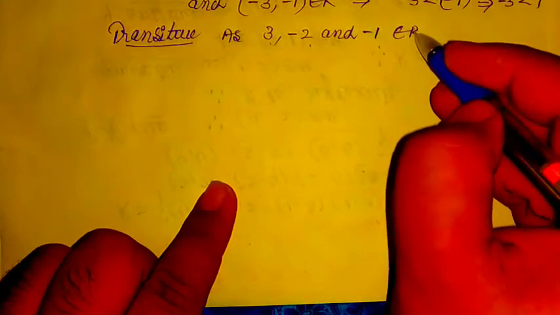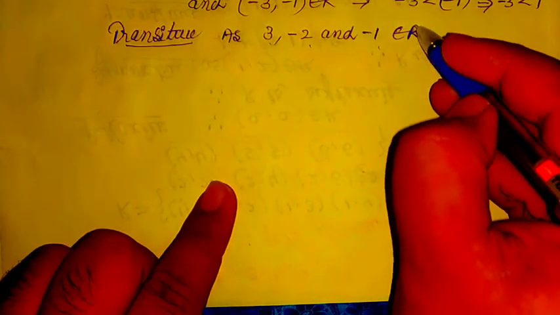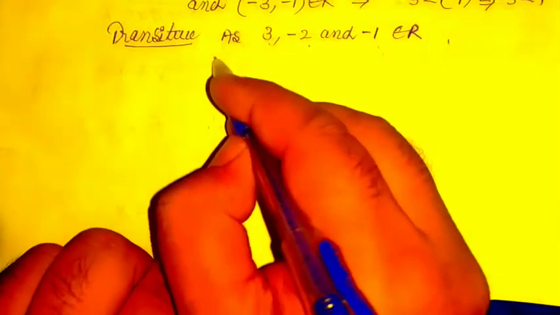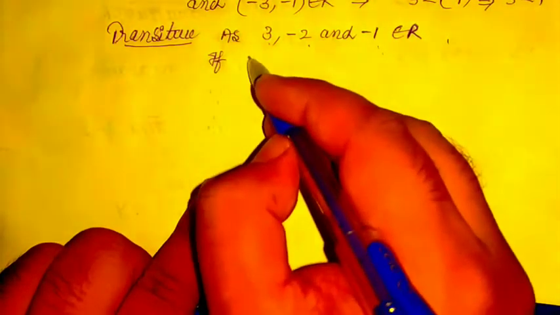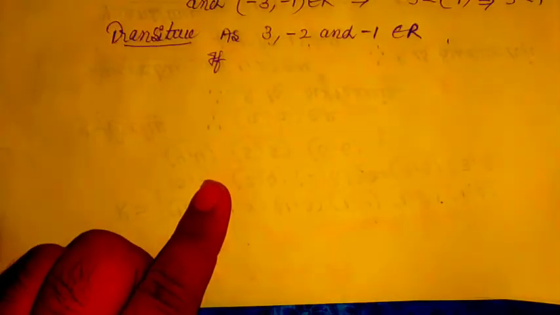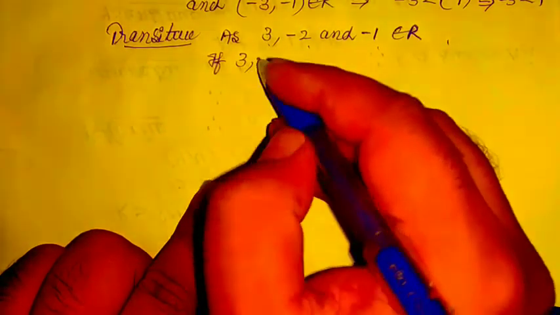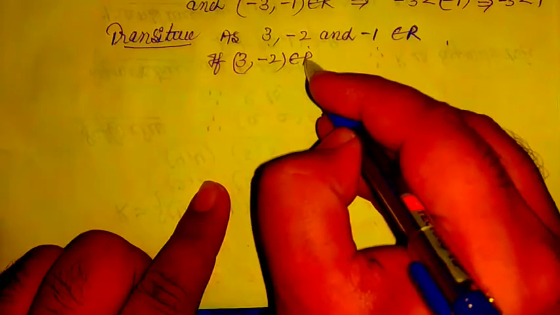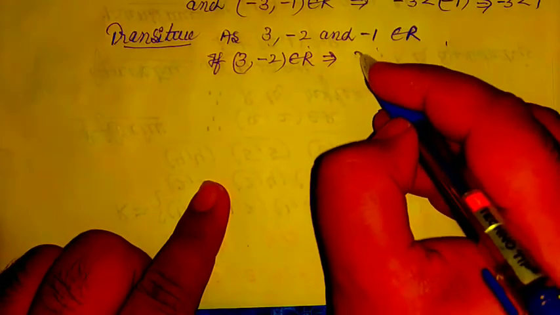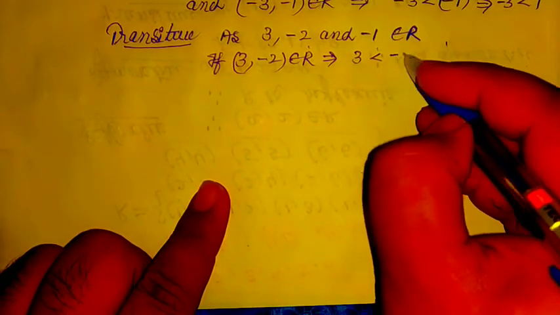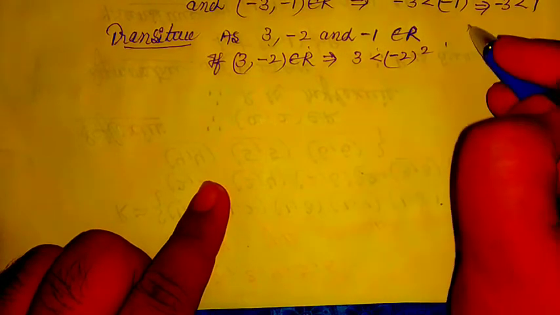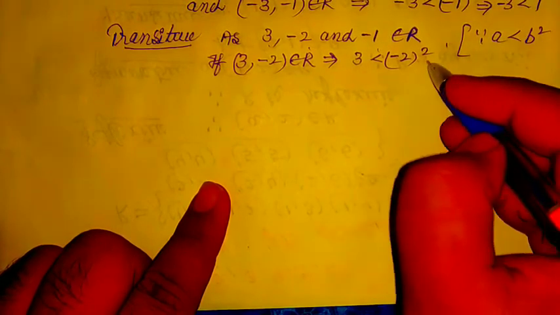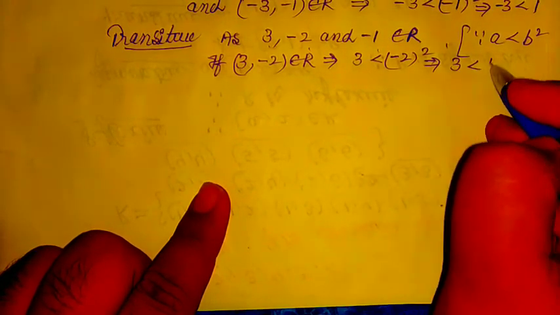These are three values belonging to the real numbers. Now if (3, -2) belongs to R, it implies 3 ≤ (-2)². Why? Because the relation is a ≤ b². So we will get 3 ≤ 4. It is true.